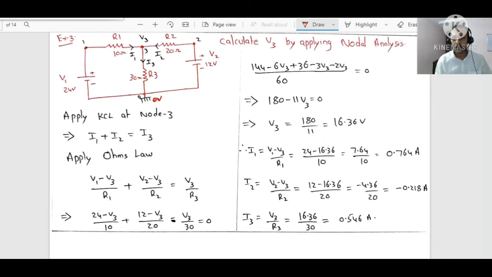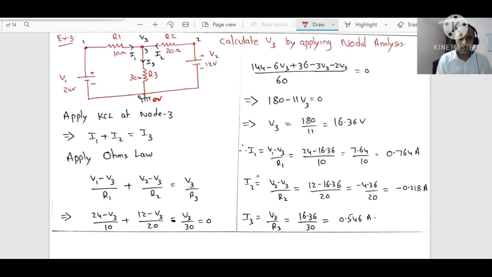This is at 0 volts, this is at 0 volts. V1, V2, V3. I am not writing all the 3 steps here, as it is the last example. Directly we enter into the problem.